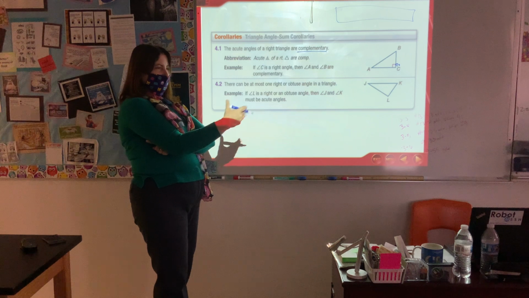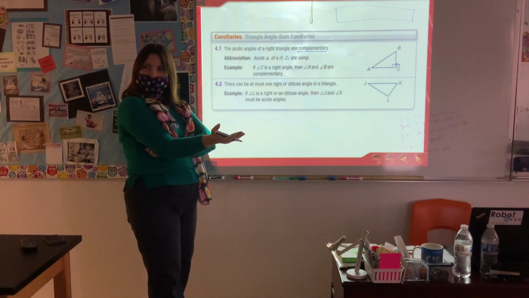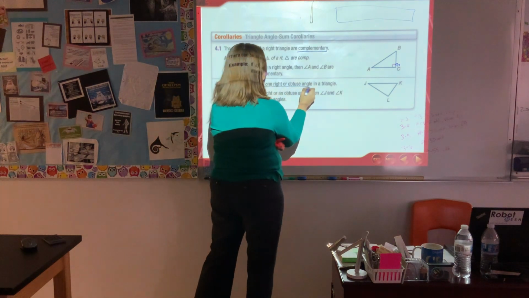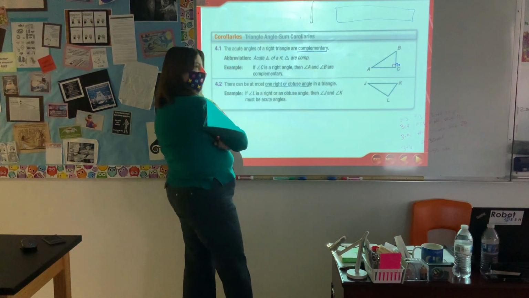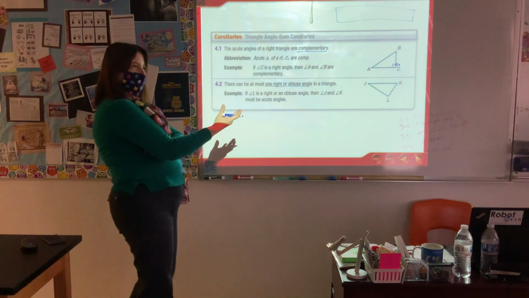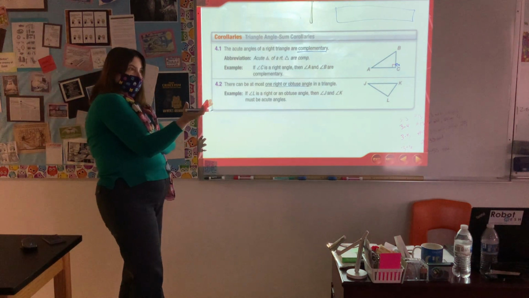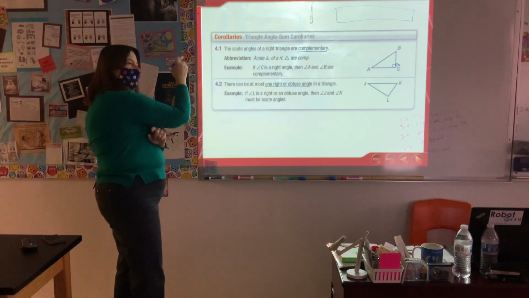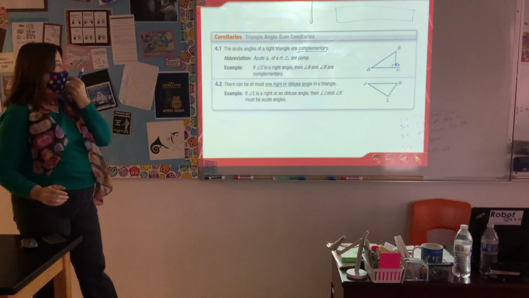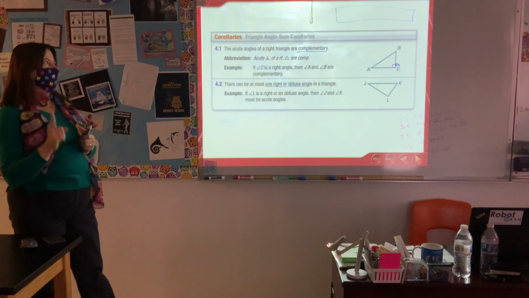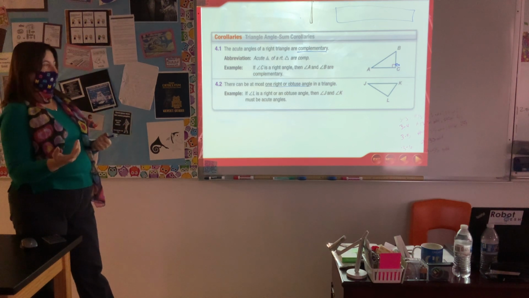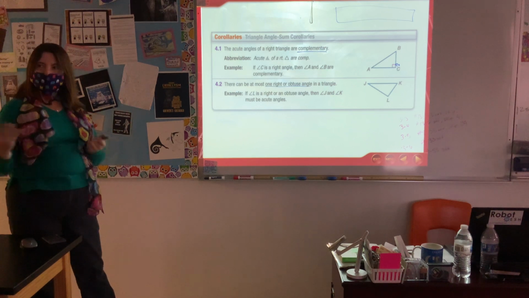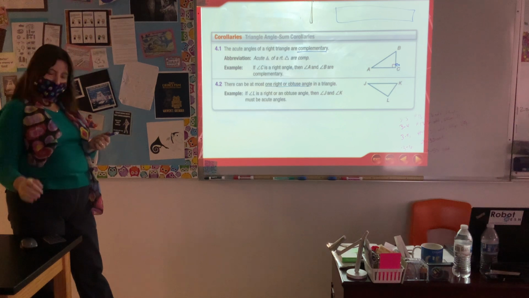I'm already well above 180. I can't have more than one right or one obtuse angle and expect it to be a triangle. It just makes sense. So we can use this to help us find those angles. If there can only be one right or one obtuse, and I have a right angle, then the other two are going to be complementary. It's just relationships that make sense if you stop to think about it.